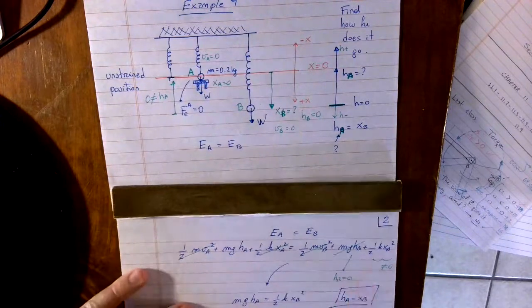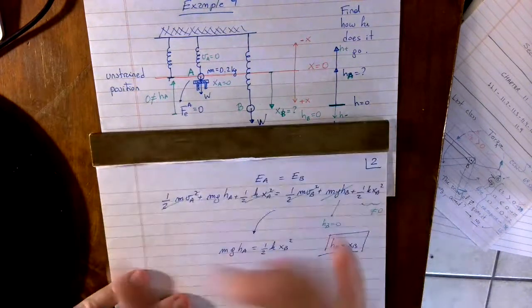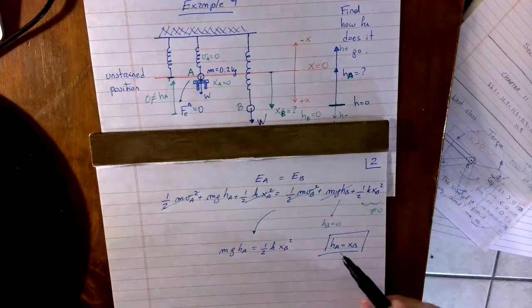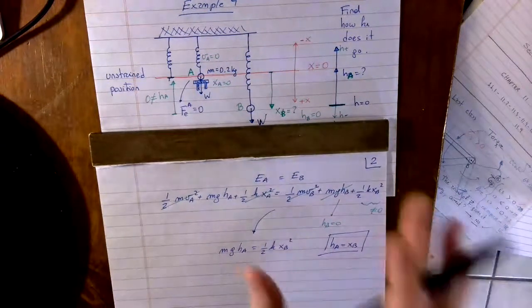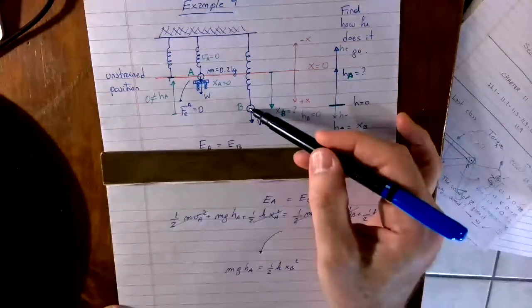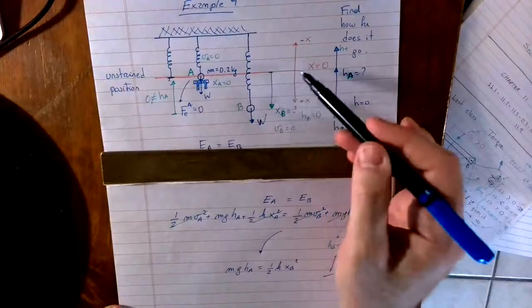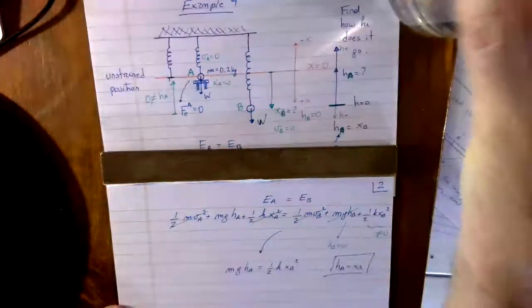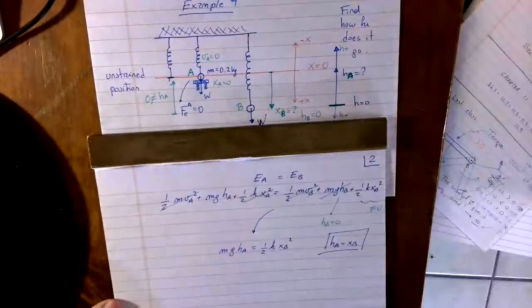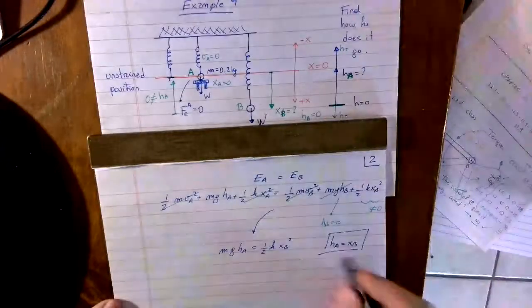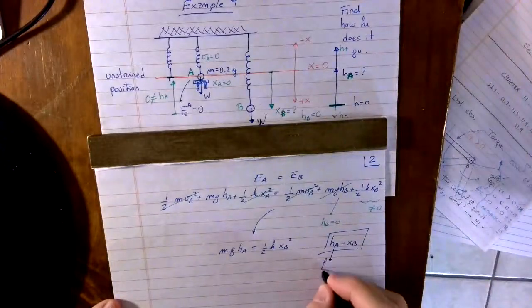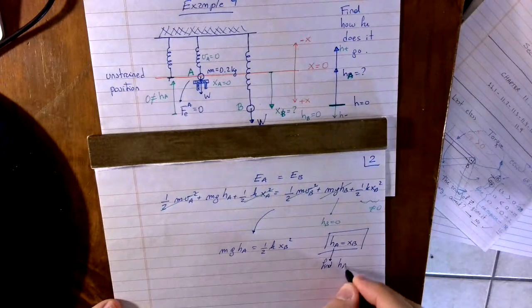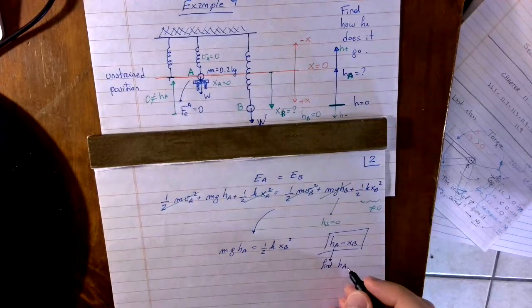This is how you connect the two coordinate systems, because at the end, the position is just one. Whether it is 0 or not depends on the coordinate system, and at the end you will have only one variable, HA. That is what you want to find, and that's what the problem is asking.